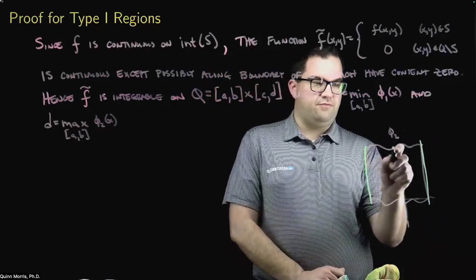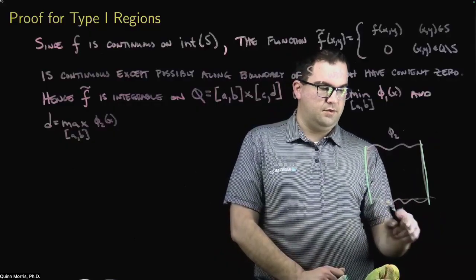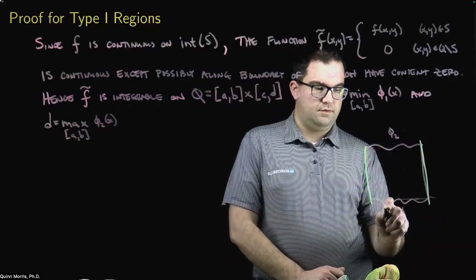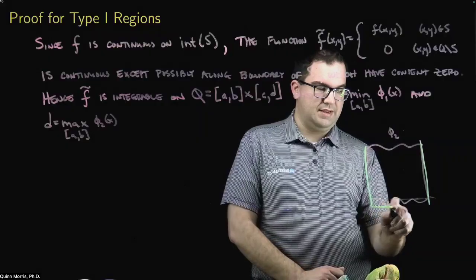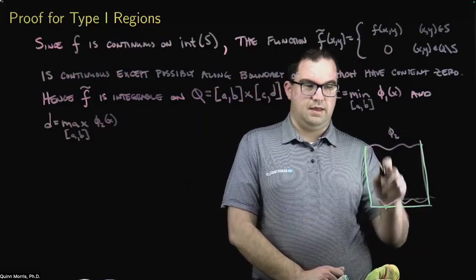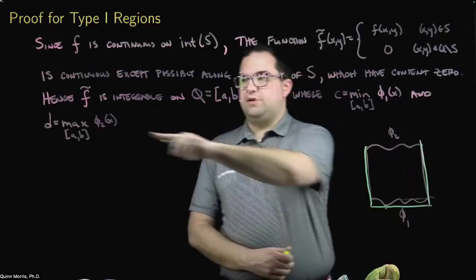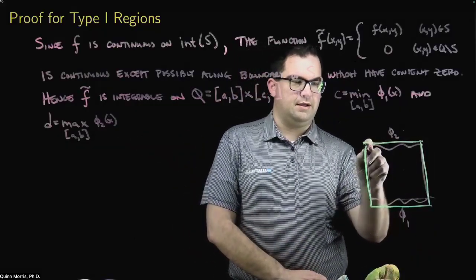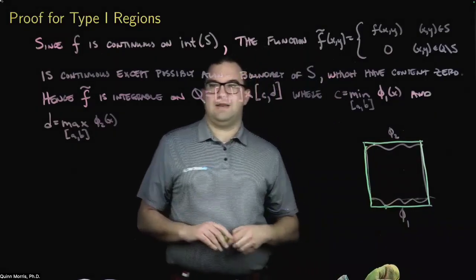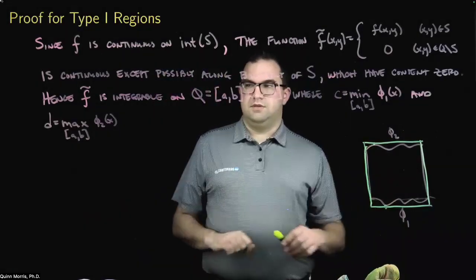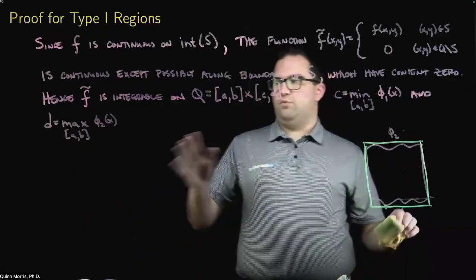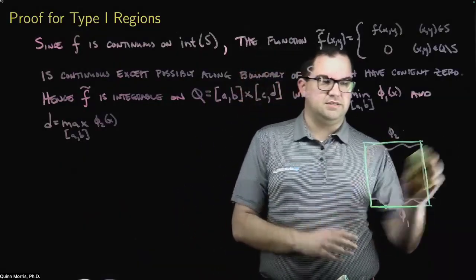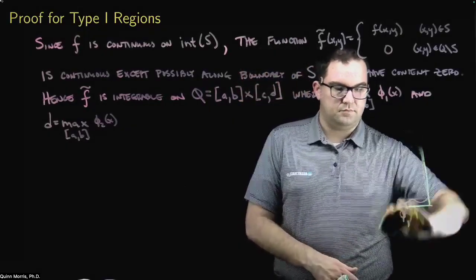But now I'm going to find the lowest point on phi1 and make that the bottom of my rectangle. That's my c. And then I'll find the highest point on phi2 and make that the upper part of my rectangle. I'm just defining this so that I'll have a specific rectangle Q I can work over, and my function lies entirely inside there.